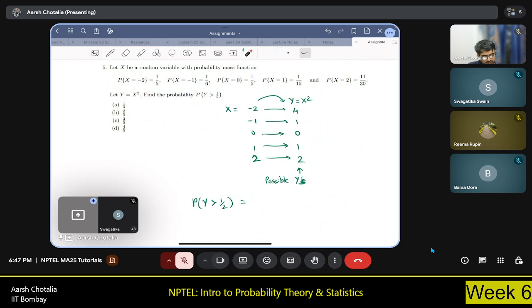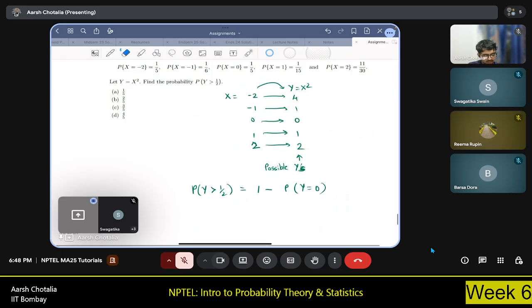So as you can see, y is almost always greater than half. The only time it's not greater than half is when it is 0. So we can write this as 1 minus the probability that y is equal to 0, because that's the only time it's not greater than half.